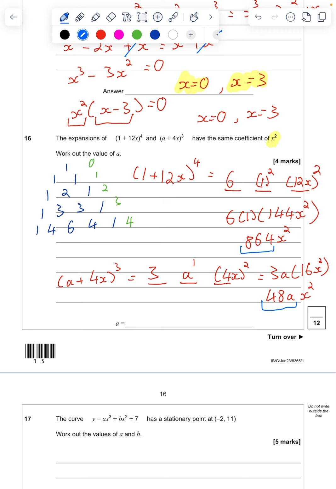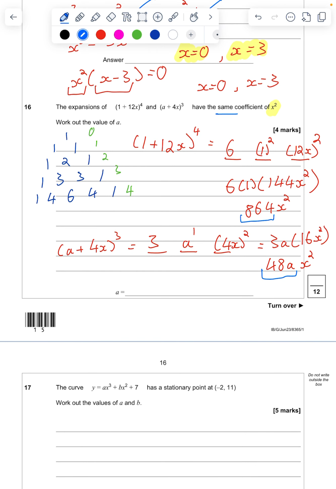So now what you're really saying is the coefficients before x squared, so this part and this part from the question, these are the same. So you go and put them equal to each other. You say you've got 48a being equal to 864. So you go and divide through by 48. Now if you're not sure how to do this, just keep dividing through by 2.